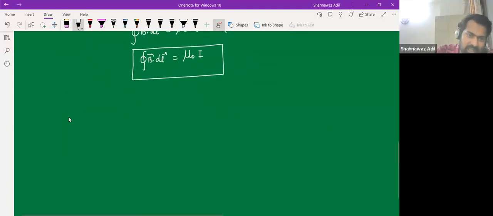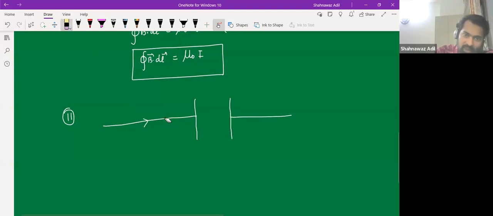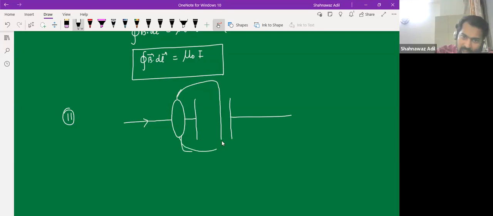If we make the surface like this, this is the current which is passing, and if I make a surface like this one, it is like a bottle-type surface. The surface is the curved surface of the bottle, and the mouth of that bottle is open.